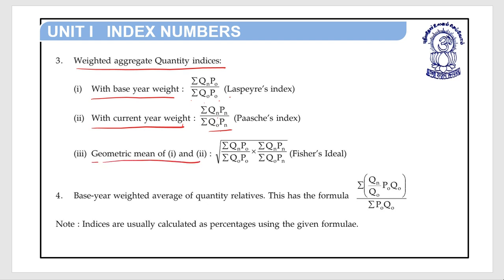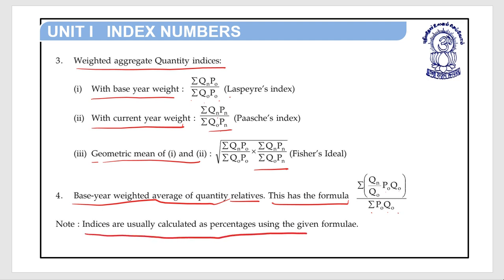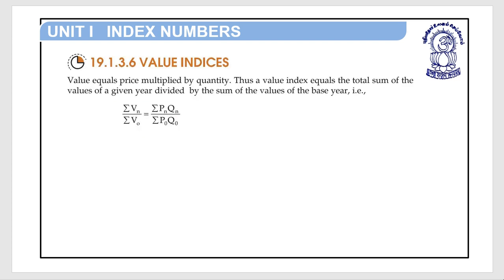Geometric mean of 1 and 2: under root of sigma Qn P0 upon sigma Q0 P0 into sigma Qn Pn upon sigma Q0 Pn. Base year weighted average of quantity relatives. This is the formula: sigma Qn by Q0 into P0 Q0 upon sigma P0 Q0. Indices are usually calculated as percentages using the given formula.